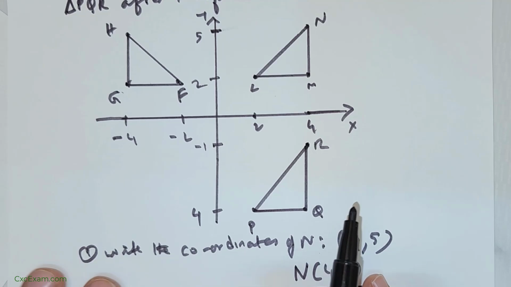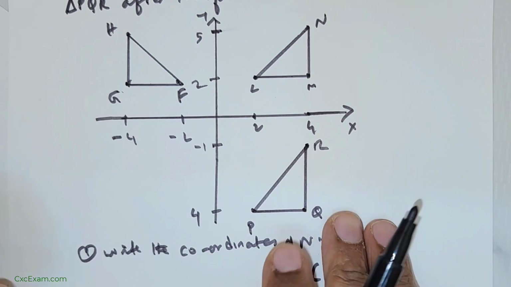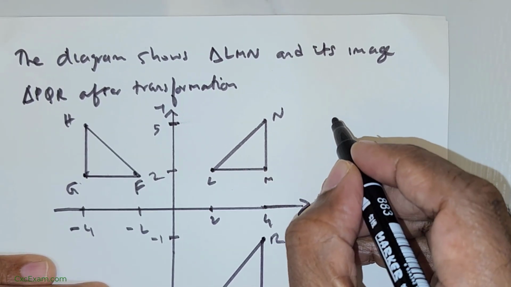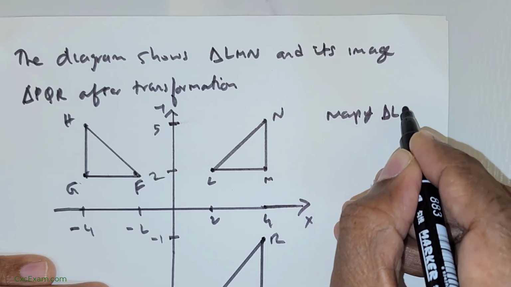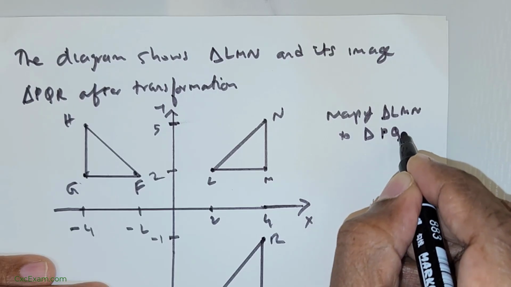Okay, now we will have to describe this. So what I'm going to do is I'm going to write the description. So first let me utilize the space here. So the map of triangle LMN to triangle PQR.